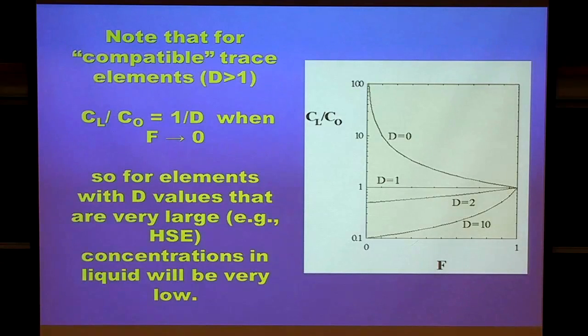Okay, and again, this is the type of figure that you normally see in a geochemistry textbook. So this is the concentration in the liquid as a ratio to the concentration in the starting system for incompatible and compatible trace elements. Are our highly siderophile elements considered to be compatible or incompatible?